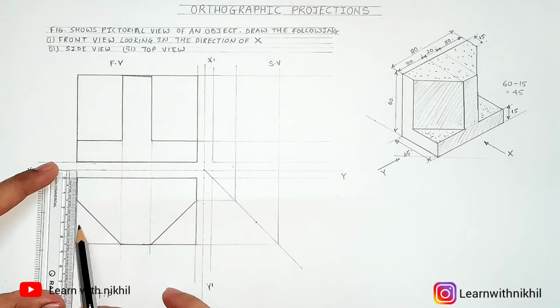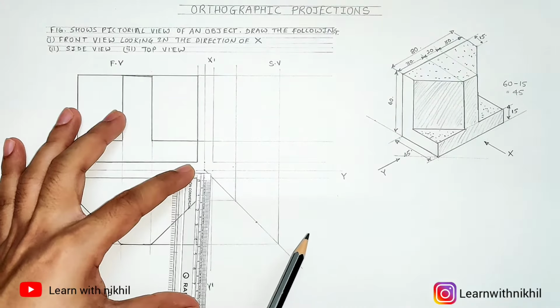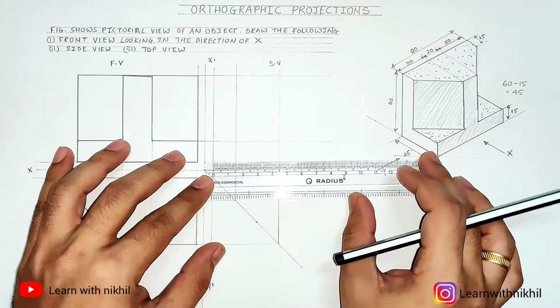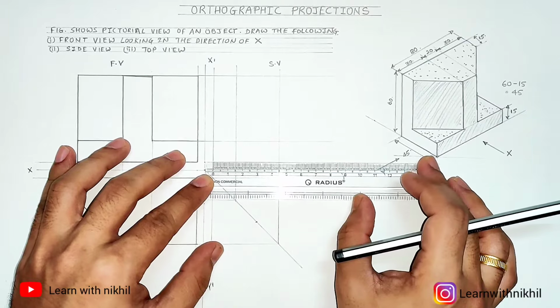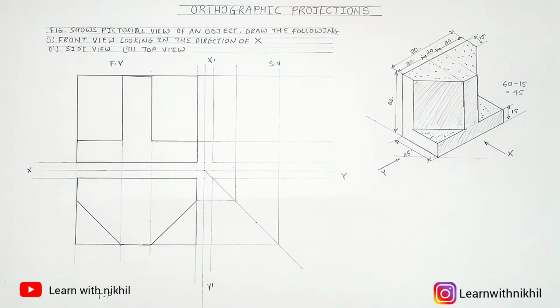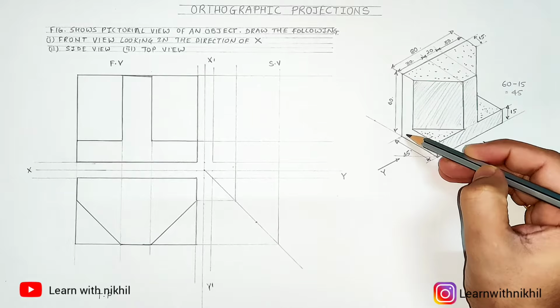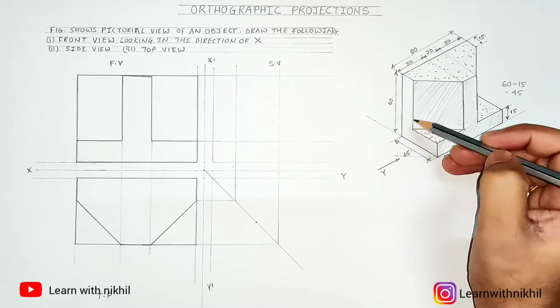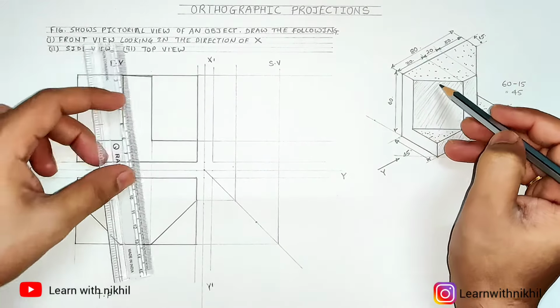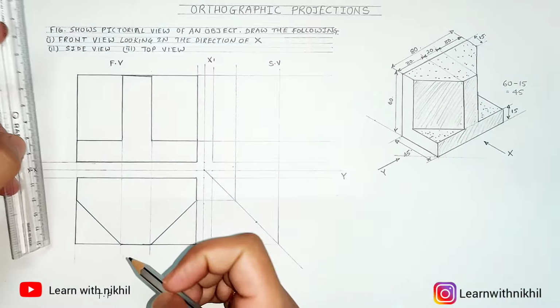So for drawing the L shape, see, the 45 line is accurately passed to the side view. With height 60 we will draw a dark line on the side view.